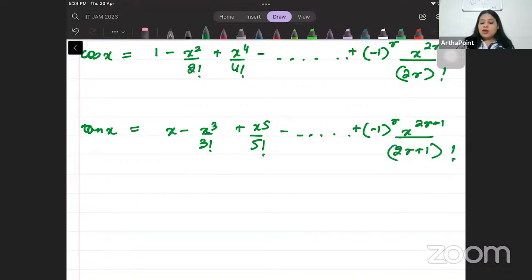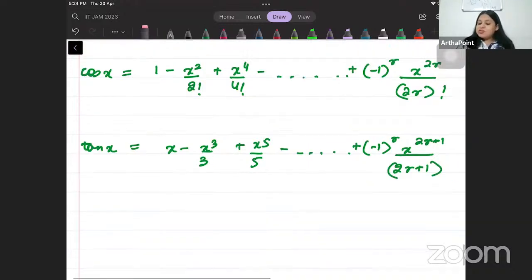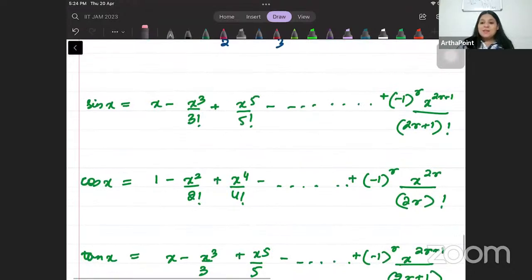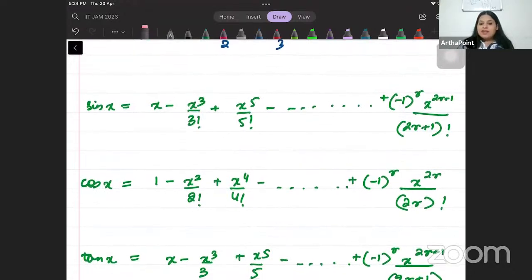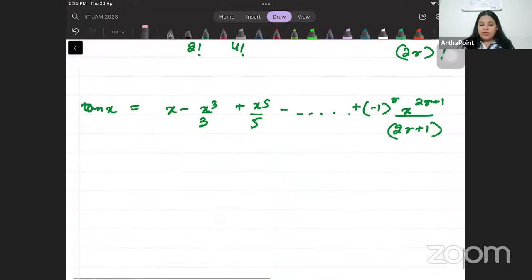Sorry, tan x does not have factorial in it, because tan x is sin x by cos x. If you look carefully, then I don't need factorial. Are you getting it? 3 factorial by 2 factorial is just 3. 5 factorial by 4 factorial is just 5. So I don't need the factorial terms. So tan x does not have factorial in it. Okay, these are some of your formulas.